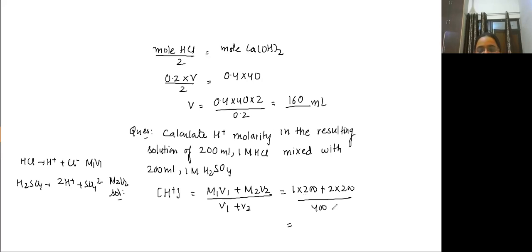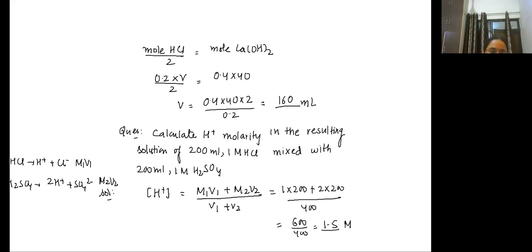So this equals 600 by 400, which is 1.5 molar. The only thing you have to keep in mind is that H2SO4 will give 2H plus, so multiply this by 2. Clear? Copy this. If this is done, please let me know.